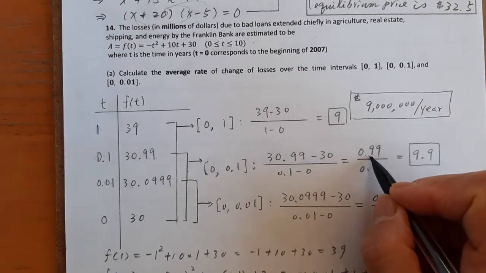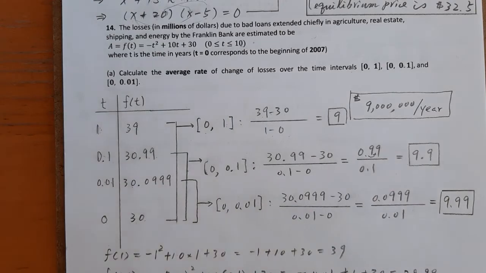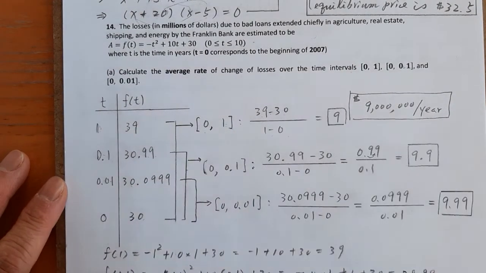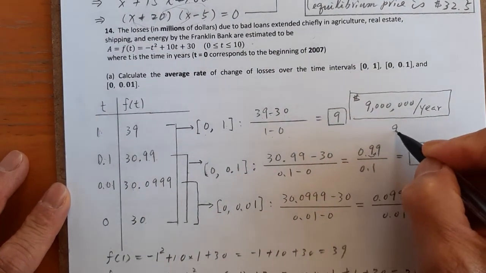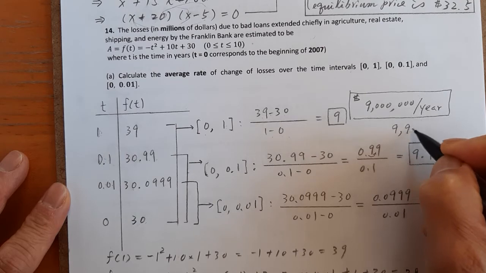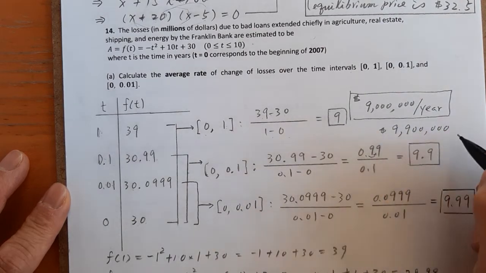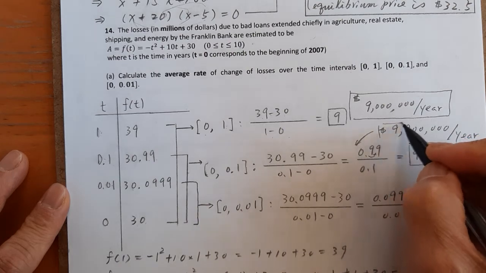Move the decimal point to the right one position, and you get 9.9. 9.9 means $9.9 million, so multiply by million. The answer is 9,900,000 dollars per year for the second interval.